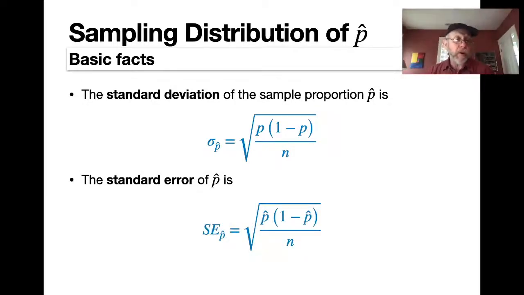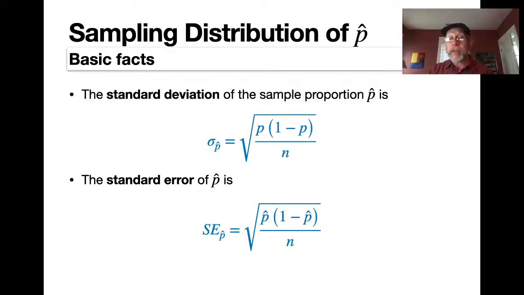The standard error is just what you get when you plug in your best estimate for p, which of course is p hat, into the formula for the standard deviation. So the standard error of p hat is our estimate for the standard deviation of p hat. So we know about the mean of the sampling distribution, we know about the standard deviation of the sampling distribution, and we know how to estimate it using the standard error.